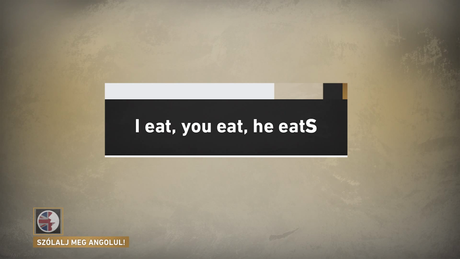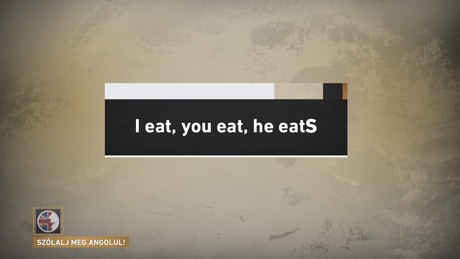With most verbs, we add S to the third person singular form in the present simple. I eat, you eat, but he eats. I sleep, you sleep, but she sleeps. Right. Well, we know how to change the spelling for the third person singular in the present simple tense.